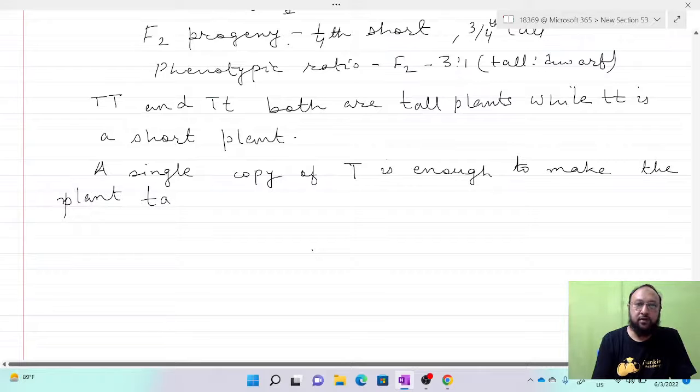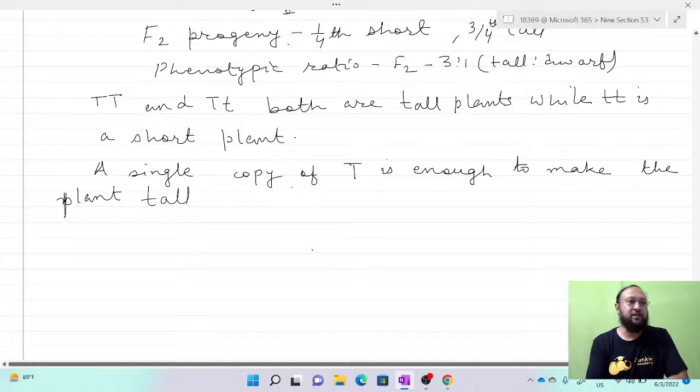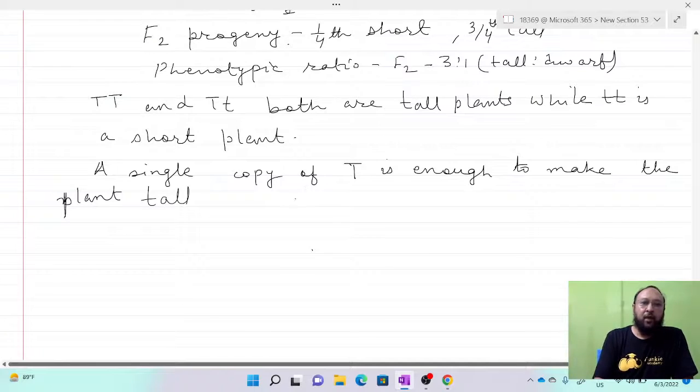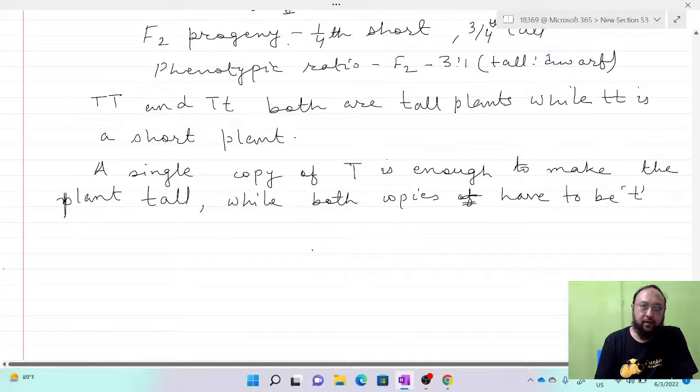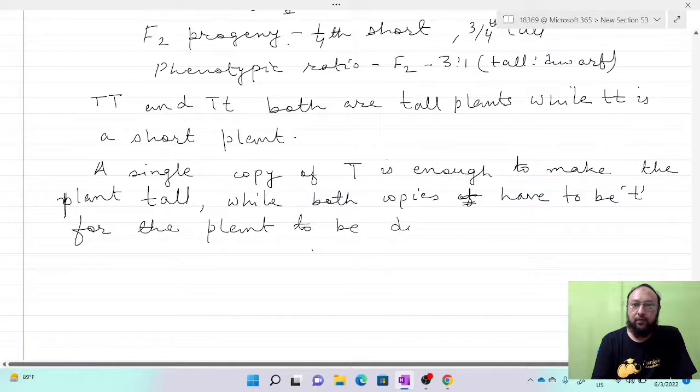So to express the plant tall, only one single copy of capital T is sufficient, while both copies have to be small t for the plant to be dwarf.